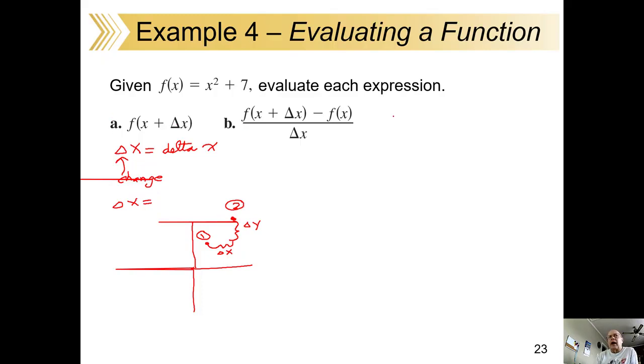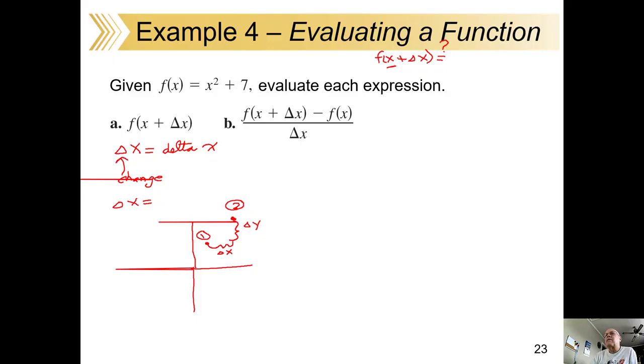So f of x plus delta x. What's that mean? It means that we're talking about a particular place on the graph. If we sneak back earlier, maybe x is a 3, for example.